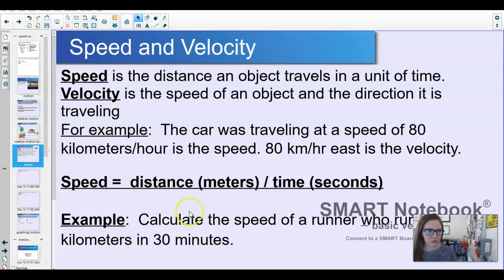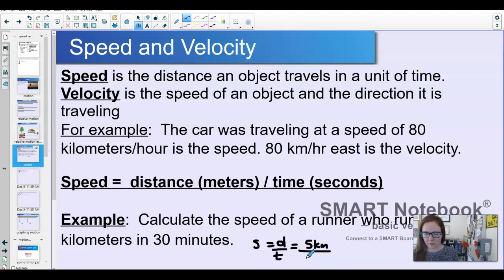Hopefully you took the speed is distance divided by time, and that gives us 5 kilometers in 30 minutes. Now, ideally you would calculate this in kilometers per hour.